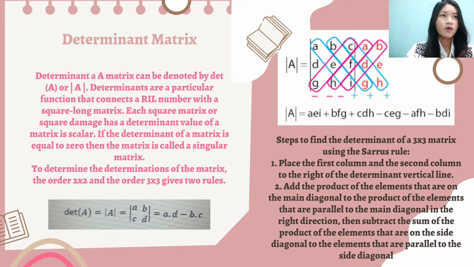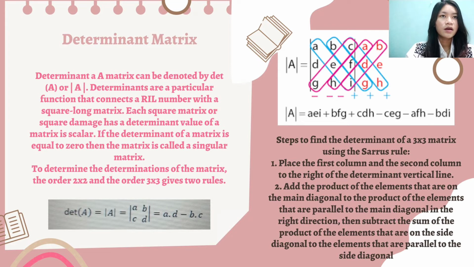But the way that is often used to determine the determinant of the 3x3 order is the Sarrus rule. Steps to find the determinant of the 3x3 matrix using the Sarrus rule. 1. Place the first column and the second column to the right of the determinant. 2.